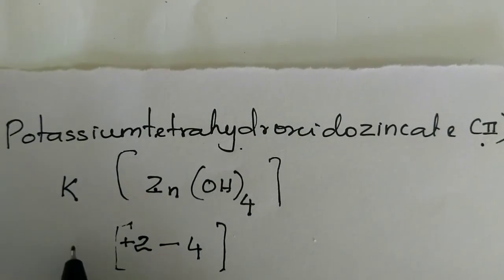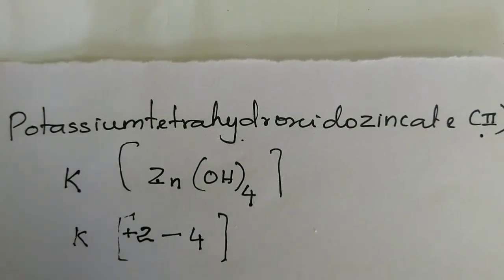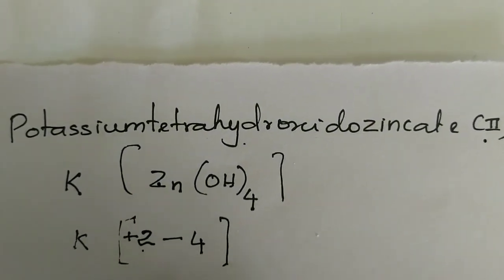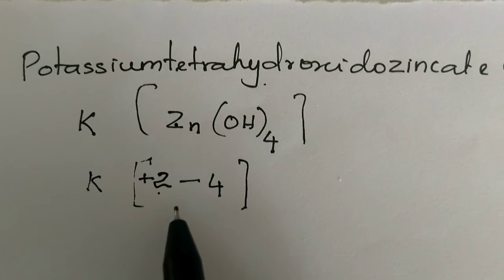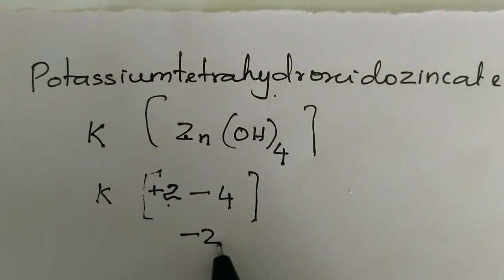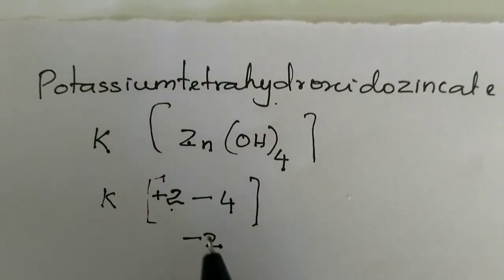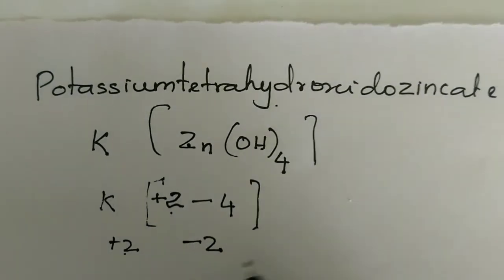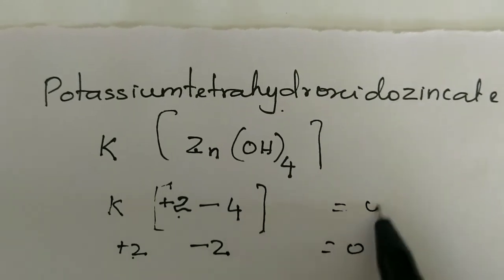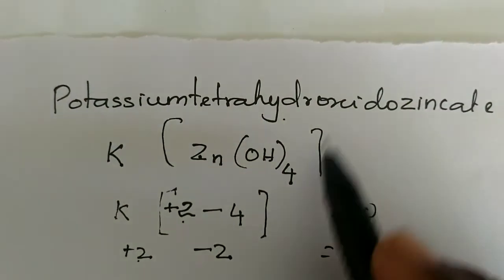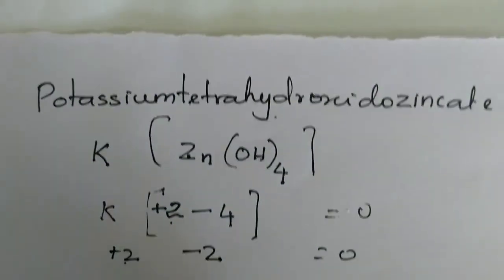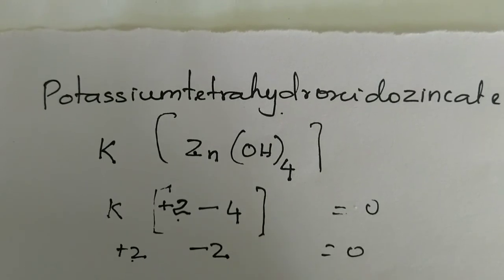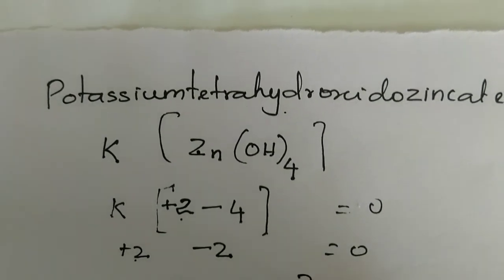So we have to calculate what is the charge for potassium. Inside, if you solve it, +2 and -4, so -2 will come. So if we give +2 outside, then +2 - 2 becomes 0, because the total charge is equal to 0. Nothing else is given, so 0. So what we have to do: K2[Zn(OH)4].